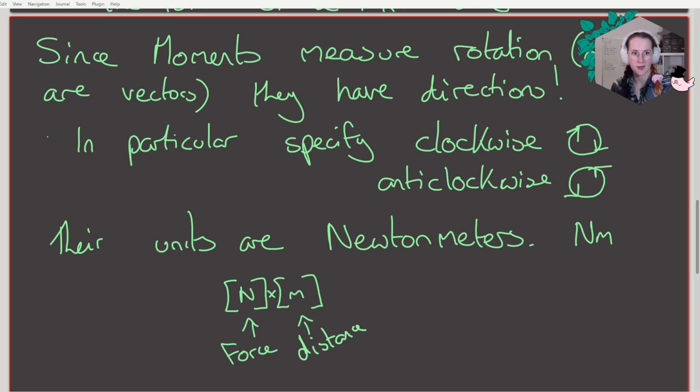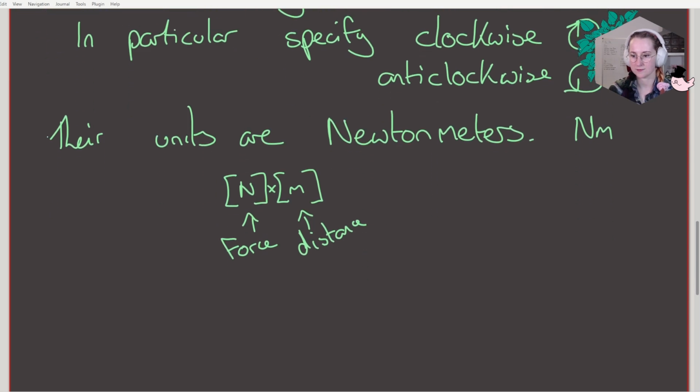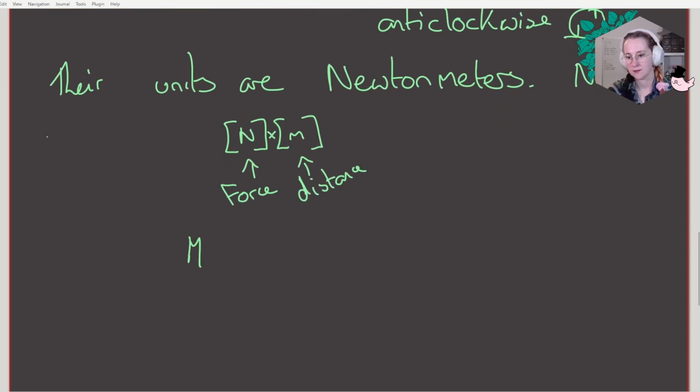Newtons are a measure of force, and meters are a measure of distance. That's precisely the equation. So the Newton meter, so the moment, is force times its distance.